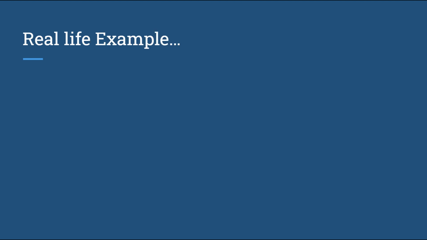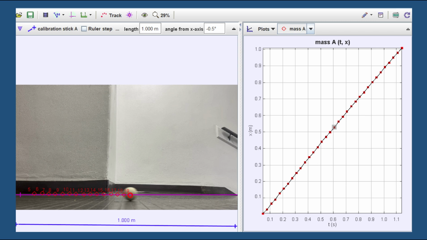Okay, so let's look at a real life example. As you can see, we have the lacrosse ball here. It's a pretty smooth, hard ball, so there's not going to be too much slowing down, and the floor also doesn't have much friction. As you can see, the line here is pretty straight, which means our velocity is almost pretty much near constant the entire time, just because this is such a short time clip.